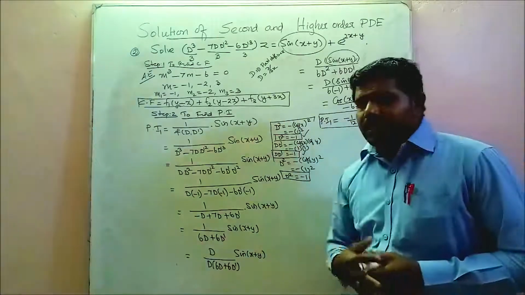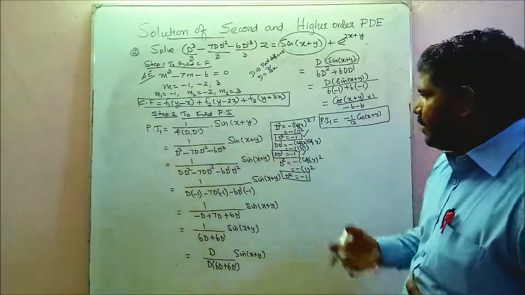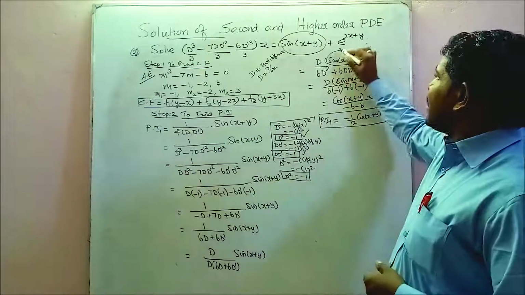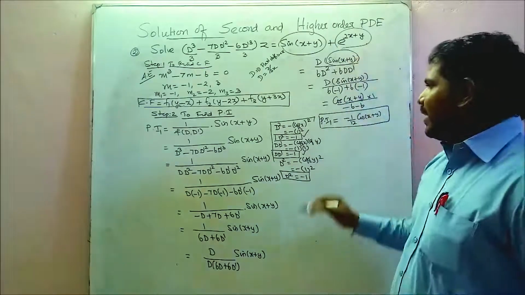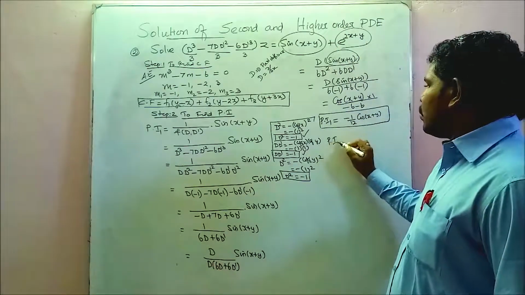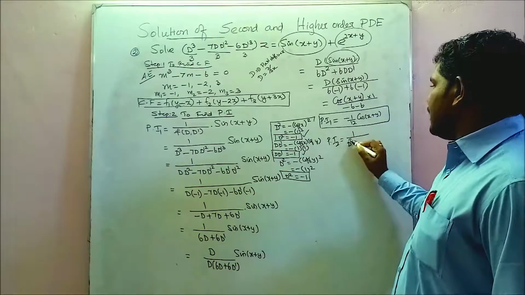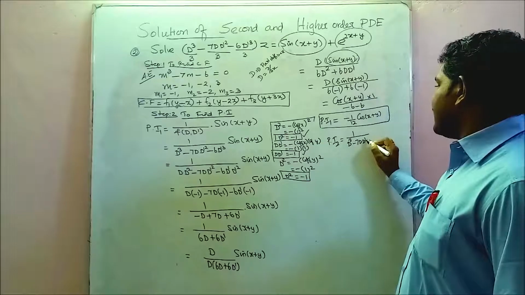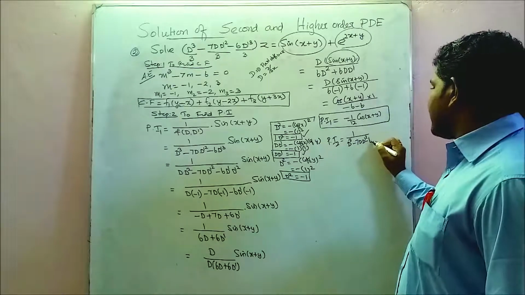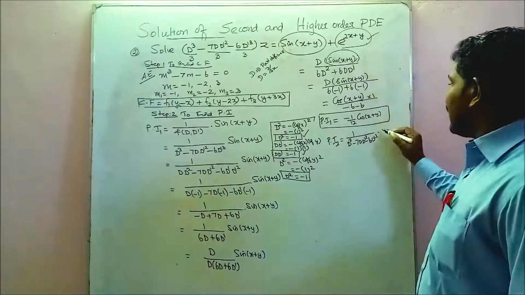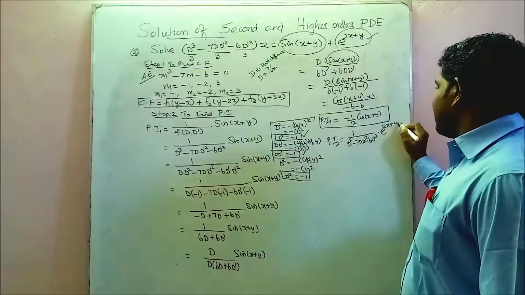Just as we calculated the particular integral for the sin function, now there is another term, e power 3x plus y. So PI2 is equal to 1 by f of d comma d dash, so d cube minus 7d d dash square minus 6d dash cube, for the function e power 3x plus y.